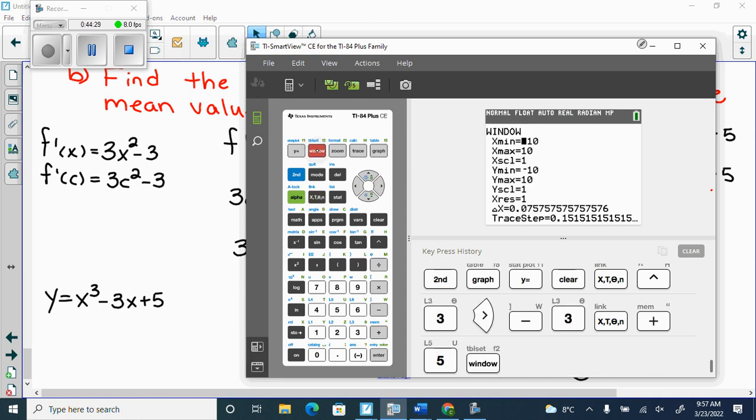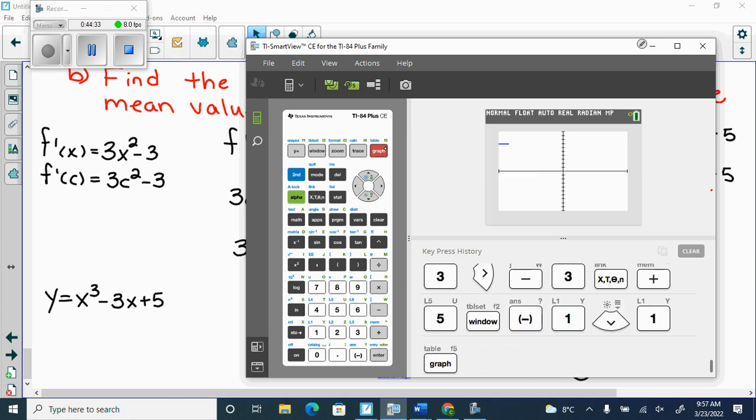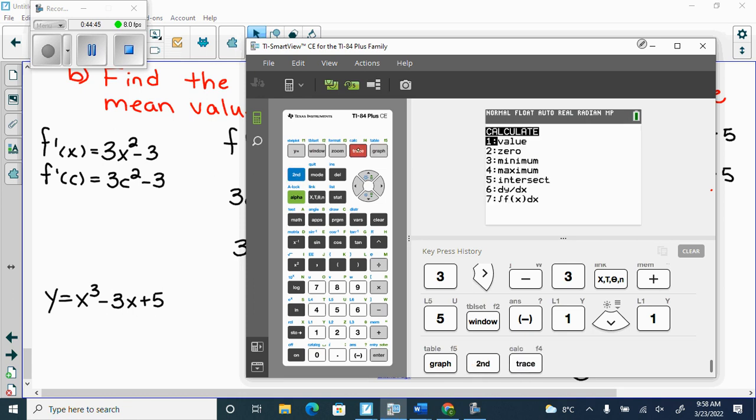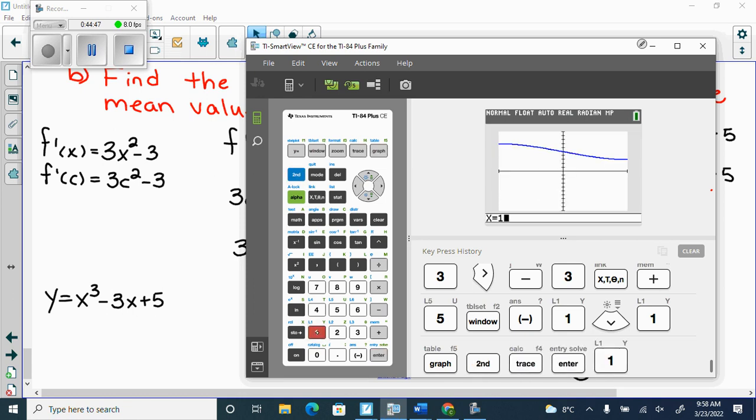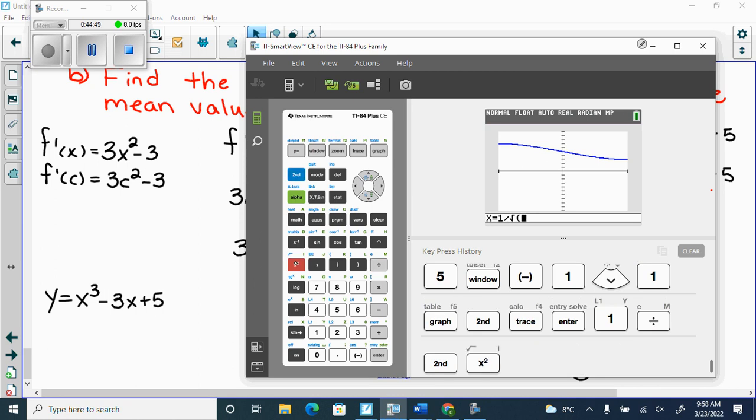I'm going to go to my window, and I'm going to make this be negative 1 and 1. Okay? I know that at 1 over root 3, so if I go second trace value, 1 divided by root 3, was one of my answers.